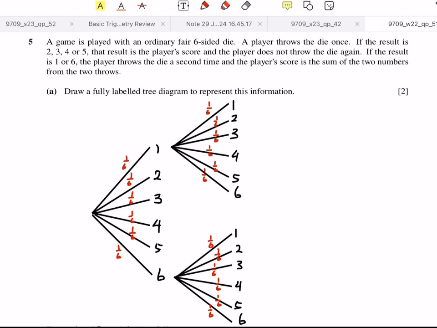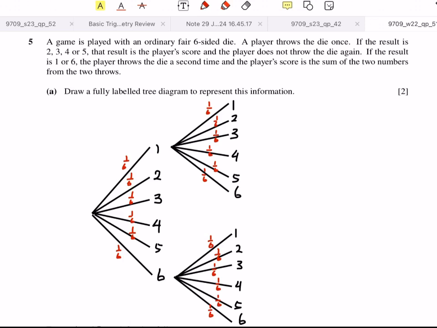Question 5. A game is played with an ordinary fair 6-sided die. A player throws the die once. If the result is 2, 3, 4, or 5, the result is the player's score and the player does not throw the die again.